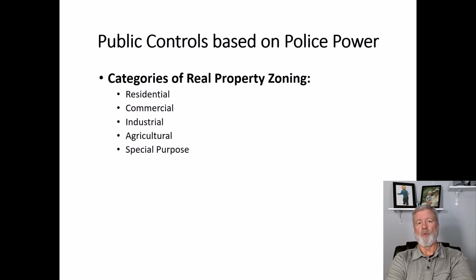It might be zoned residential, which means you must use that land for residential purposes. If it's zoned commercial, then you must use it for commercial purposes. And right on down the list here, I'm not going to name all of them, but land is zoned to be used in a particular manner or for a particular purpose, and you have to use it for that purpose.